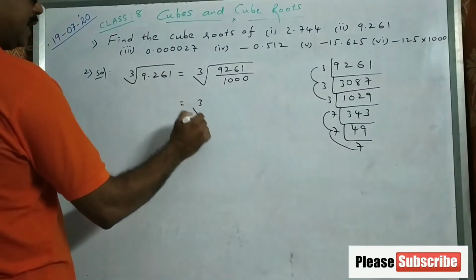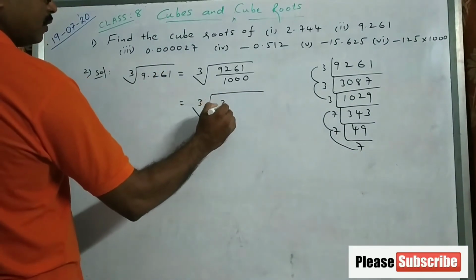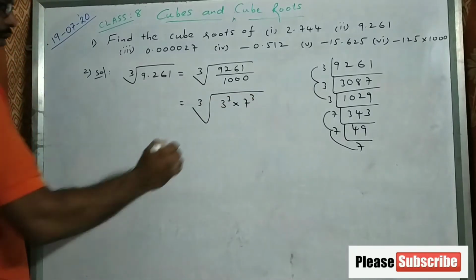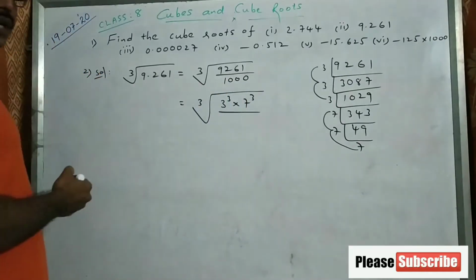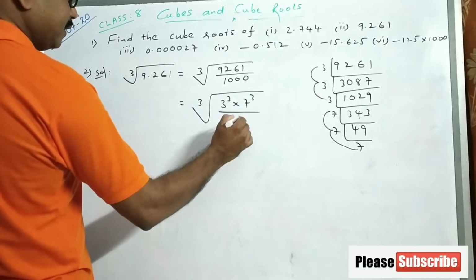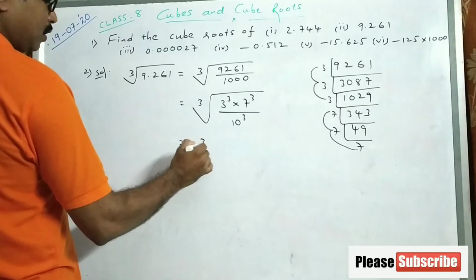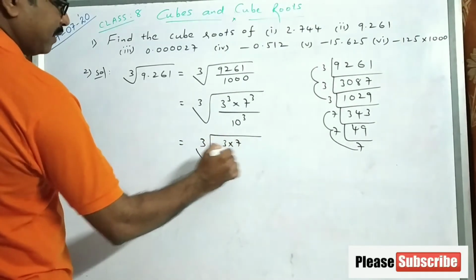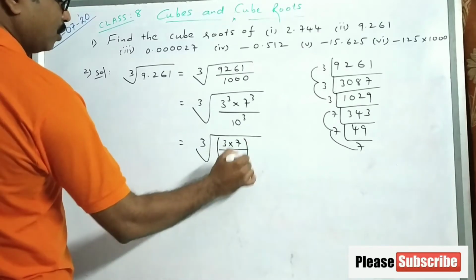So how can we write? Cube root of 3 cube into 7 cube by, already I told you, 1000 means how can we write? 10 cube. So all are perfect cubes again. So we can write 3 into 7 upon 10 whole cube.